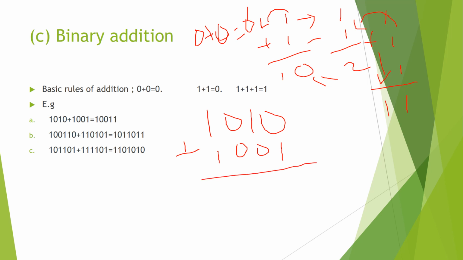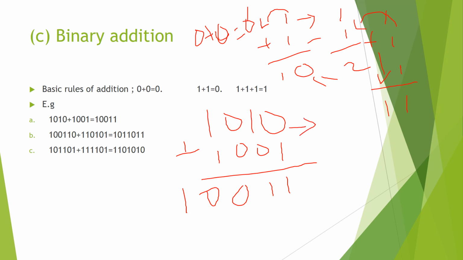Remembering the basic rules, 0 added to 1 will always give you a 1, and 1 added to 0 will give you a 1, and then 0 added to 0 will give you a 0, and then 1 added to 1 will give you a 0, but now with a carry over of 1.